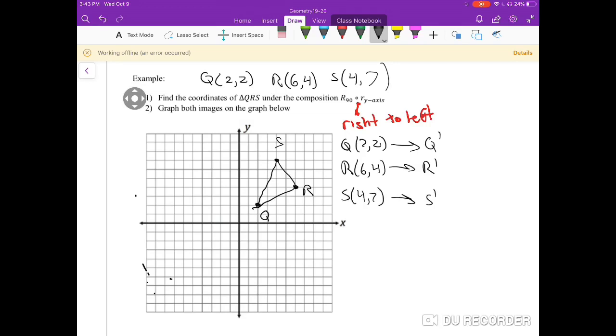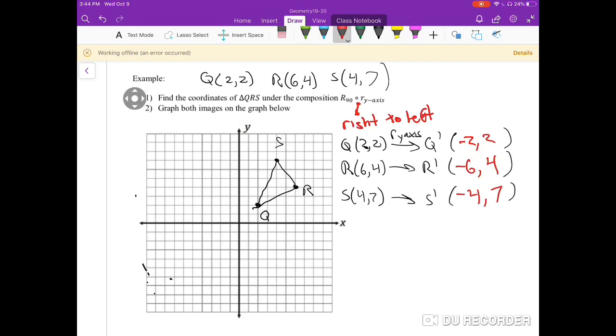The first thing I'm going to do, working right to left, is a reflection over the y-axis. A little review from video 3: for a reflection over the y-axis, I change the x value, or the x coordinate. So it's (-2, 2), (-6, 4), and (-4, -7).